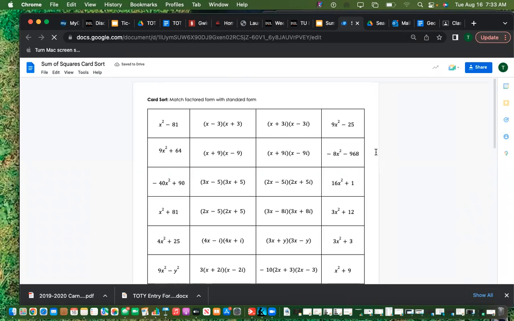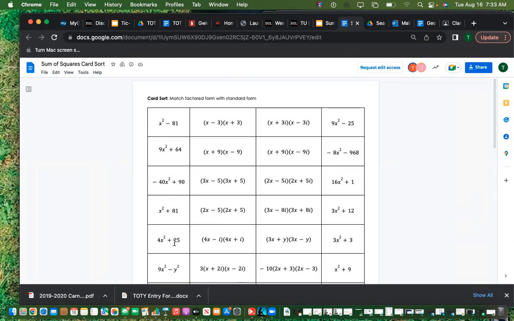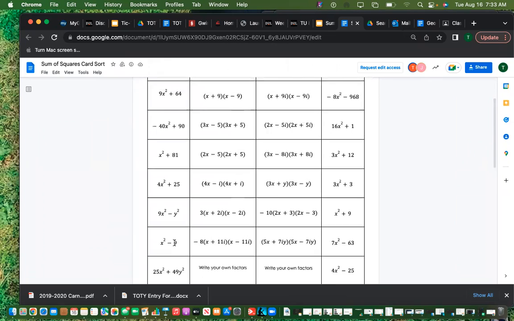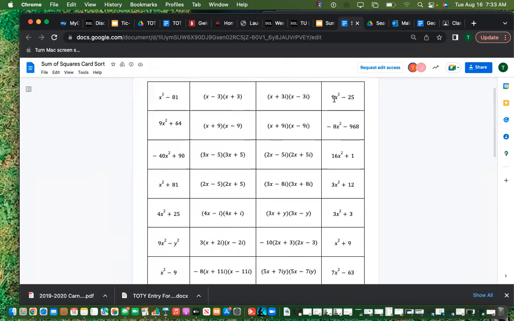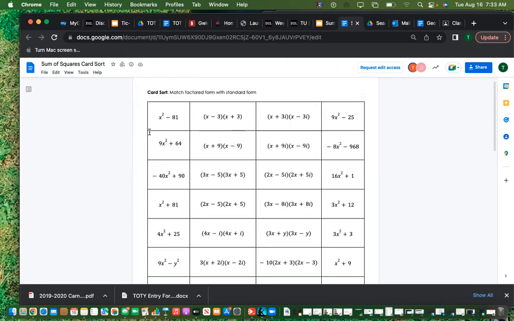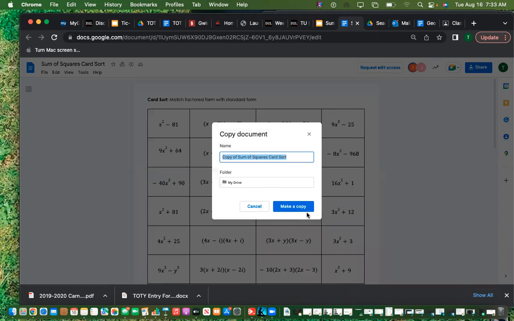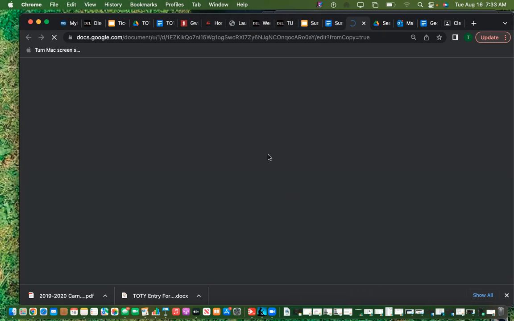Okay, so what I'd like for you to do is take what's on the left-hand side and match it up with one of these columns. I'll zoom in, I don't think y'all have this on your paper.